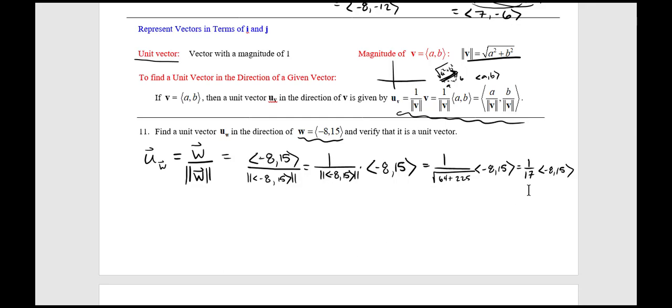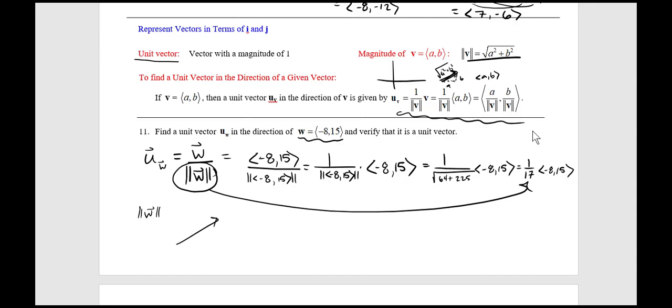So we're claiming that this vector, 1/17 times negative 8, 15, is in the correct direction, but only has a length of 1. And this makes sense. We've already shown that this was the length of that w vector. We have shown that that part turned out to be 17. Right, so w is some vector. We know the distance from here to here is 17 units.